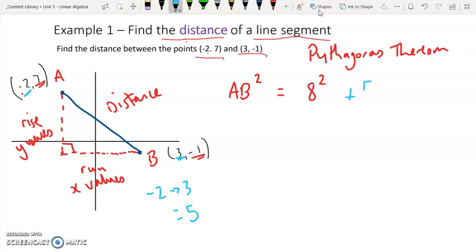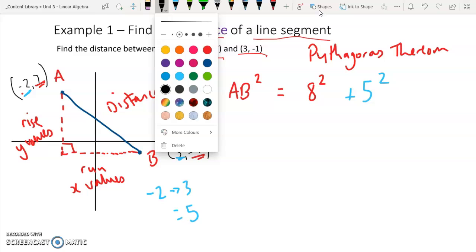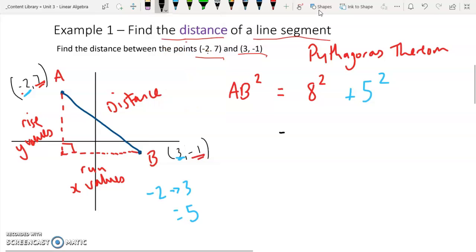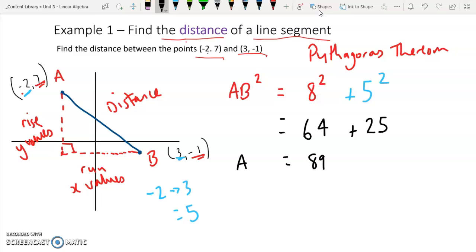So plus 5 squared. Simplifying, it's equal to 64 plus 25, which is equal to 89. So that's what AB squared is equal to, and the distance AB in exact form is the square root of 89.